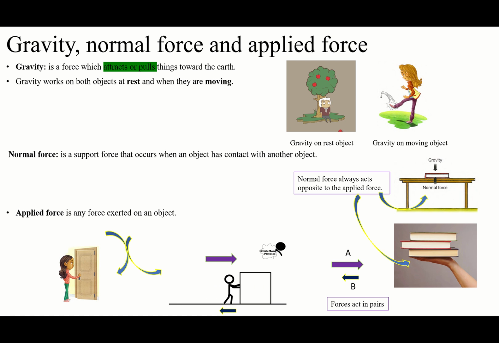Two of them are really easy. For example, in here, we have these two arrows, A and B. You see that the arrow of A is larger than the B one, right? So easy. The larger arrow is a stronger force than the smaller arrow.